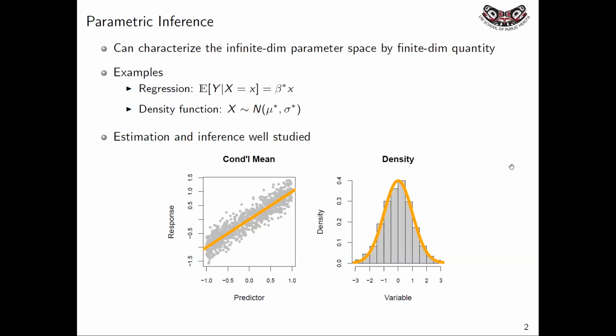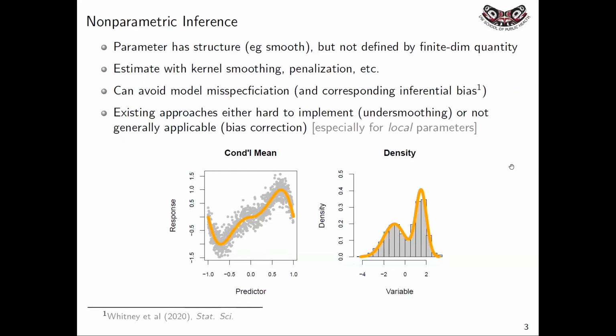Now, these are very well defined and standard and understood. Things become more complicated when we have functions, right? So now suppose that our parameter, in this case, the conditional mean or the density, is a more general function, but it has some structure. For example, it's a smooth function. So we can't do this without assuming any structure.